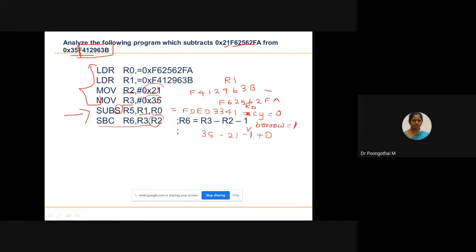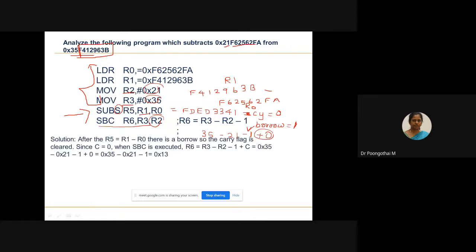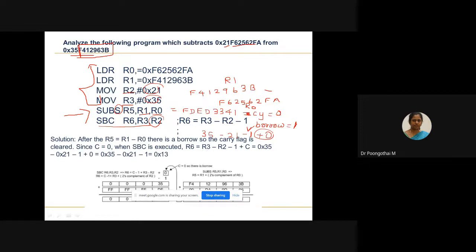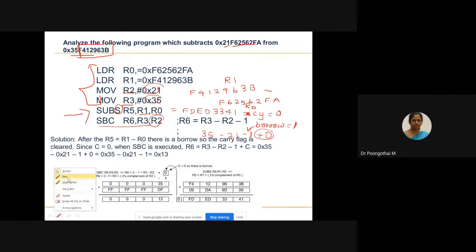Borrow is the inverse of carry, so subtract the borrow and add the carry. This is the representation you have to follow in case of your subtraction operation. See, R3 minus R2 minus 1 plus C. So 35 minus 21 minus 1 plus 0, you will get 0x13.